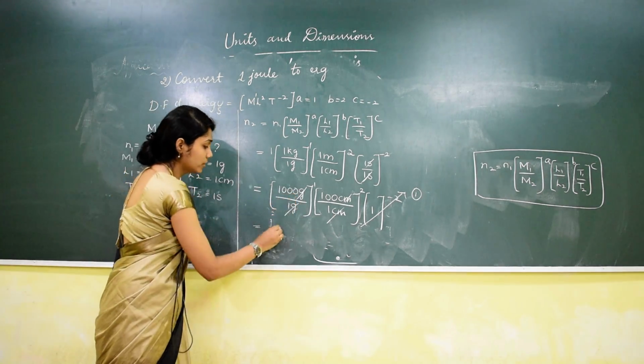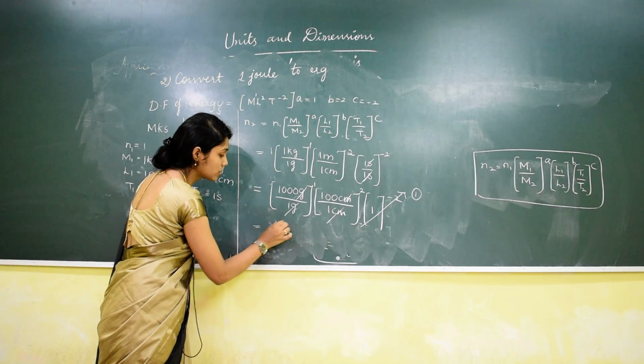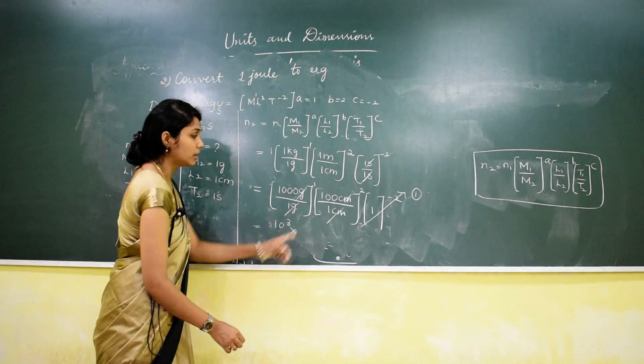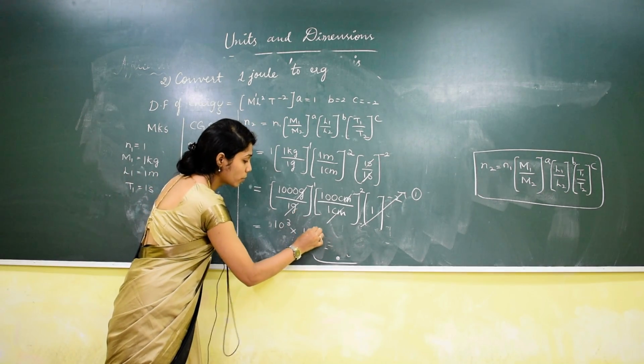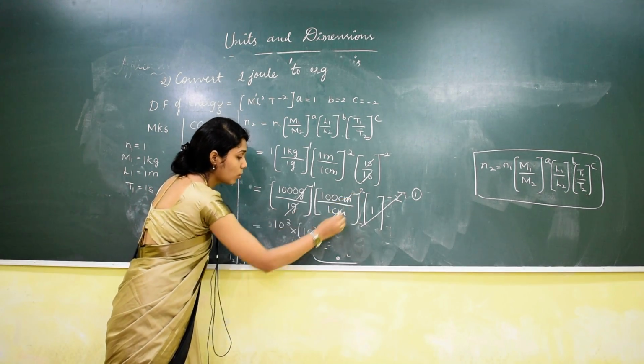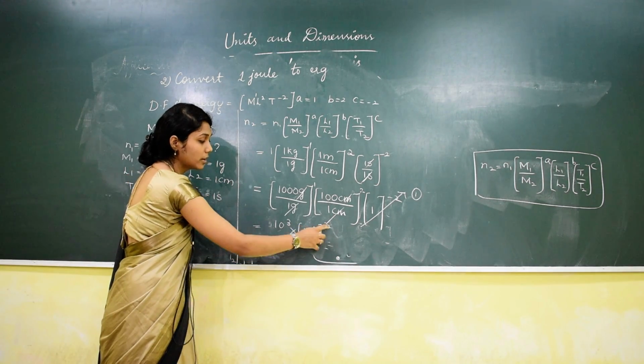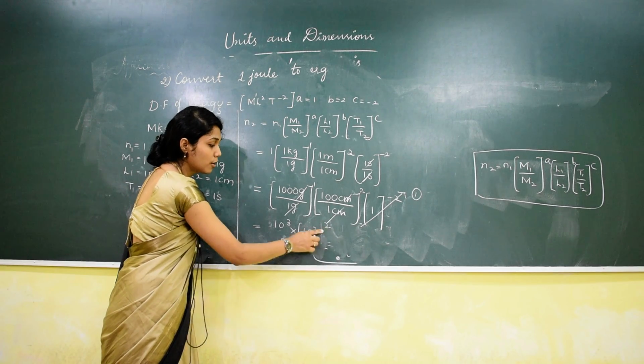So therefore 1000 I write in terms of powers as 10 cube, into 10 square whole square. Here 10 square whole square means 10 raised to 4, 2 2s are 4.